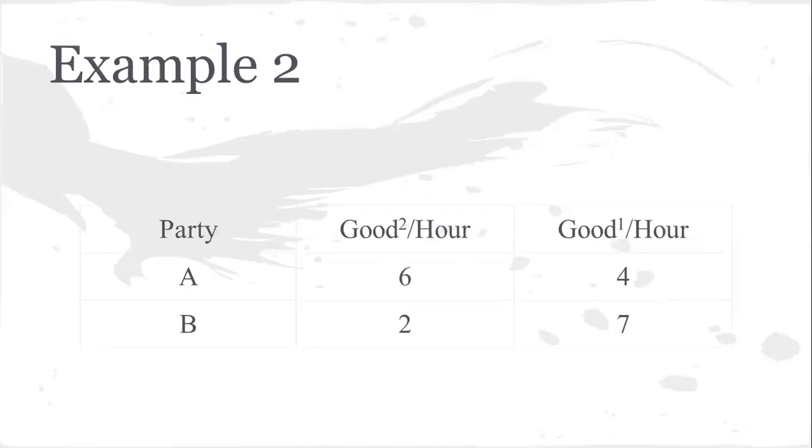So A has an advantage over B in the case of the second good, but for good 1, B has the upper hand, because B is producing 3 units more than A. In terms of absolute advantage, B has an absolute advantage for good 1, and A has an absolute advantage for good 2.